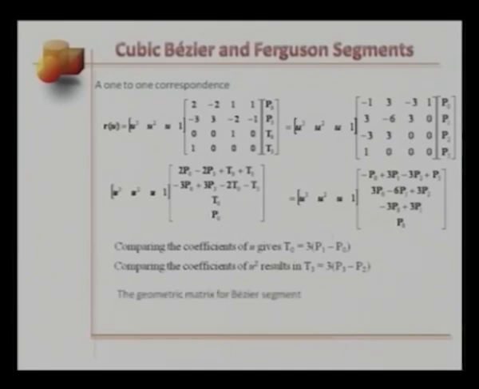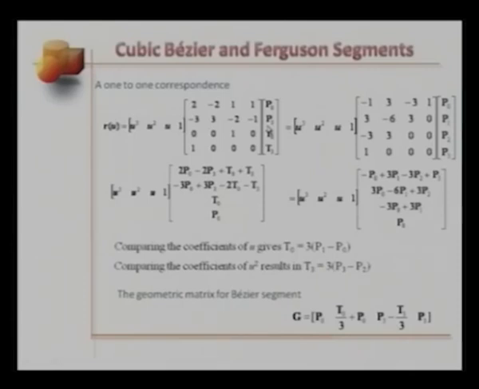The geometric matrix for a Bezier segment in terms of the slopes from the Ferguson segment will be given by P0, the second term as P0 plus T0 over 3, the third term as P3 minus T3 over 3, and the fourth term as P3. What am I trying to say here? What is possible is the interrelation and therefore conversion of geometric matrices between Ferguson and Bezier segments.